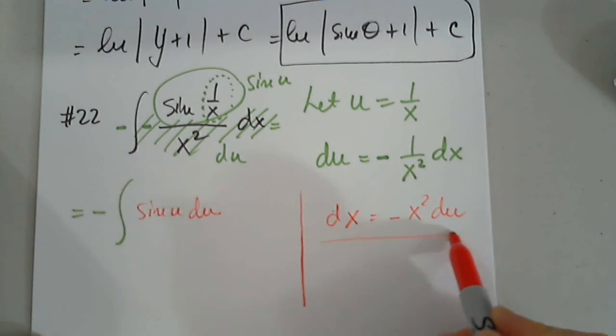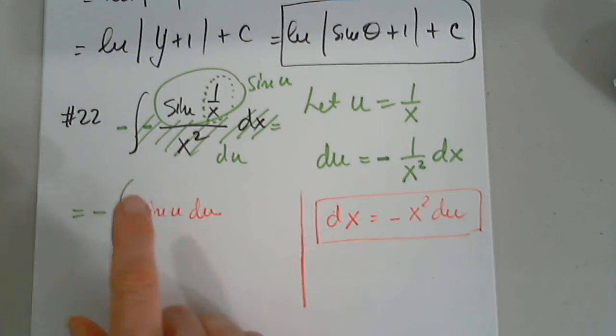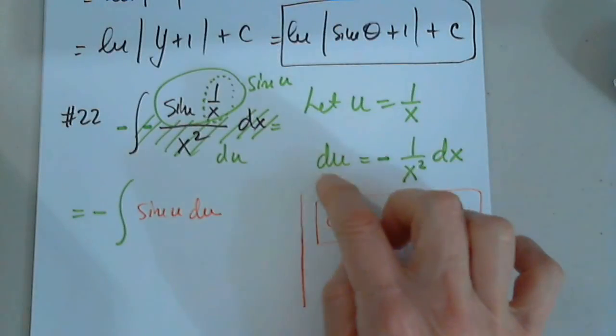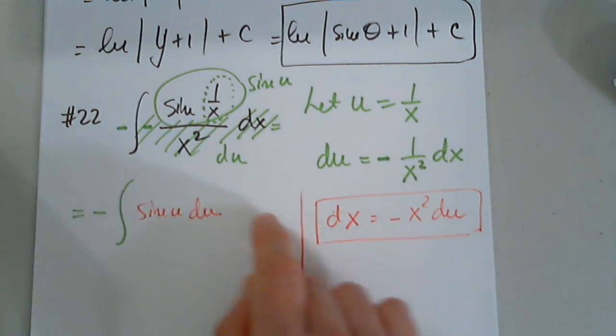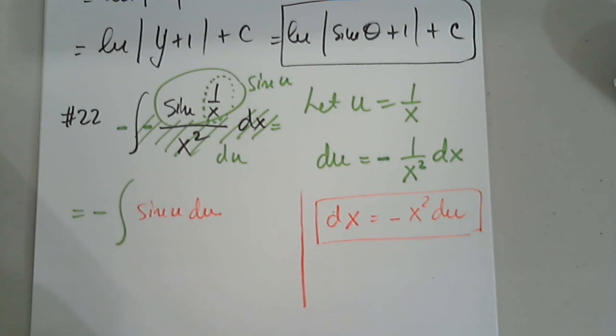Whichever you prefer. It's up to you. Because the difference will only be a constant at all times, I do not prefer solving for dx and then plugging it back in. You cannot have x and u together in the same integral. So that's why I'm trying to avoid that possibility.